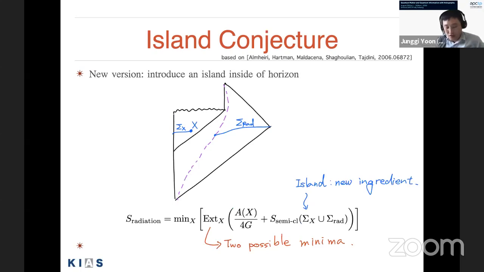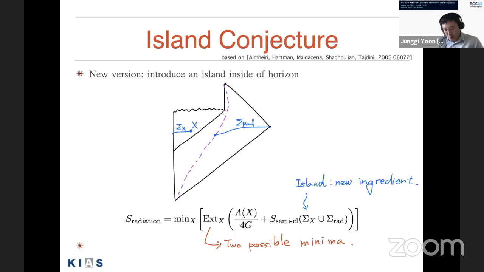However, what is the new ingredient in this island conjecture? The island conjecture introduces another time slice inside the horizon, so that when we calculate the entanglement entropy of the radiation, we consider the entanglement entropy of not only the radiation on sigma radiation, but also sigma X. And there will also be a co-dimension 2 surface X here, so that we also include the contribution of the area of this surface X. Then, as before, we extremize this generalized entropy with respect to X, and we choose the global minimum.